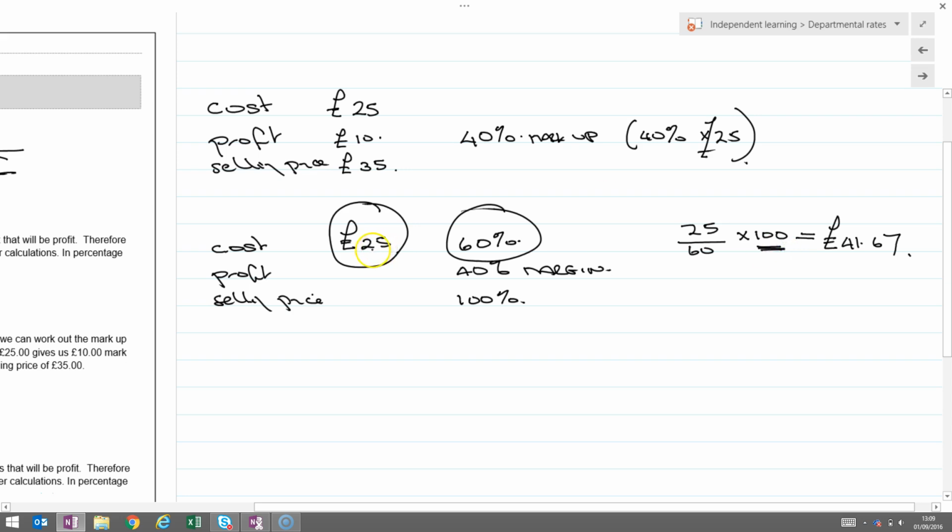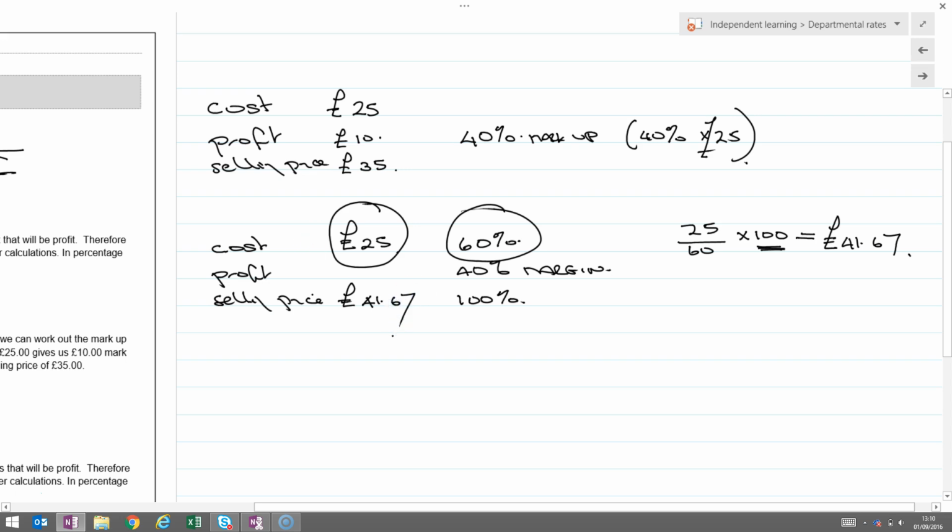So £25 divided by 60 gives us 1%. Multiply it by 100 gives us 100%. Now the selling price is equivalent to the 100%. So that tells us our selling price is £41.67.